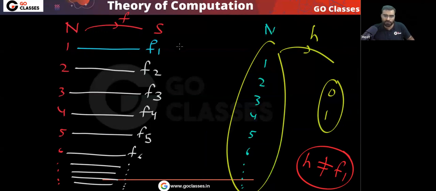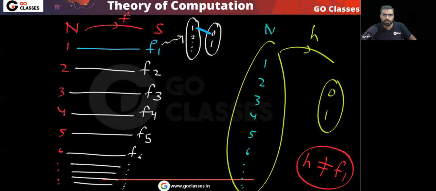You can just check where 1 is going in this f1. Yes or no? Let's assume in this f1, 1 is going to 0.